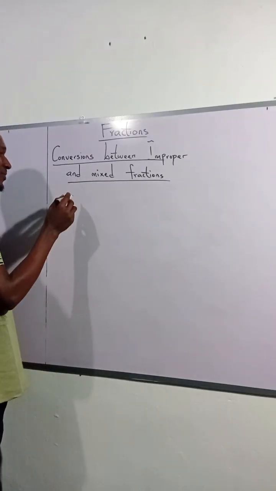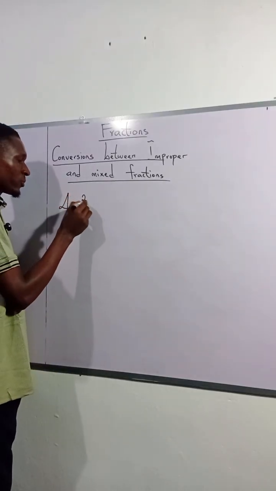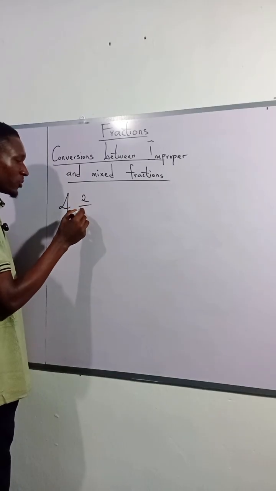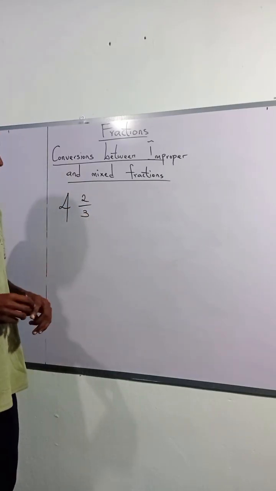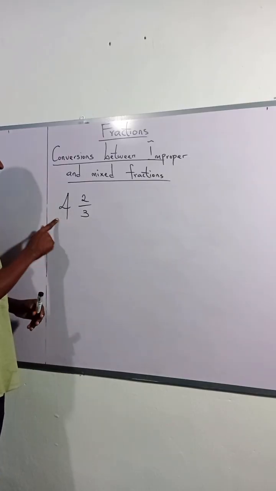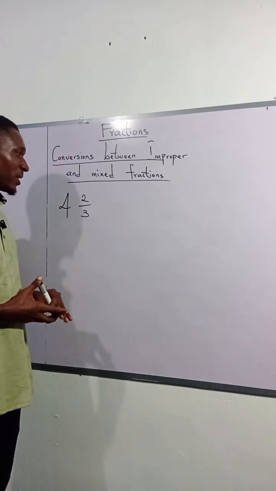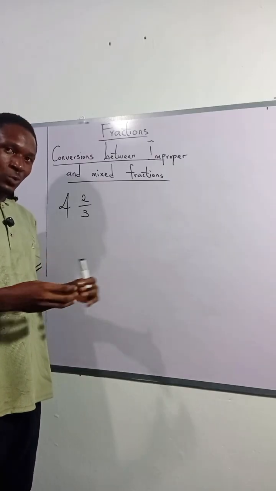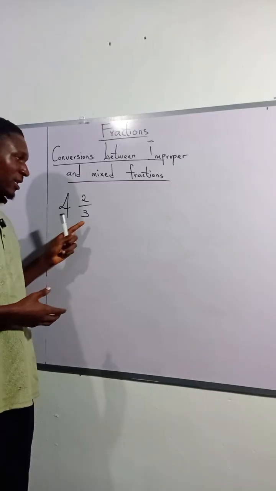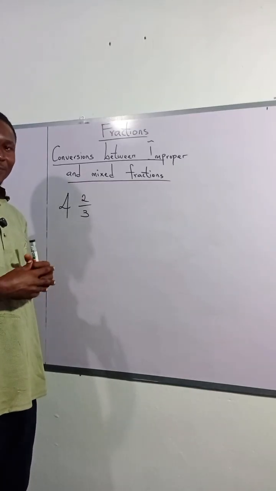Example of proper fraction: 2 out of 3. So this is a mixed fraction. It's a mixed number. It has a whole number and a proper fraction. That is why we call it mix. We mix a whole number and a proper fraction together.